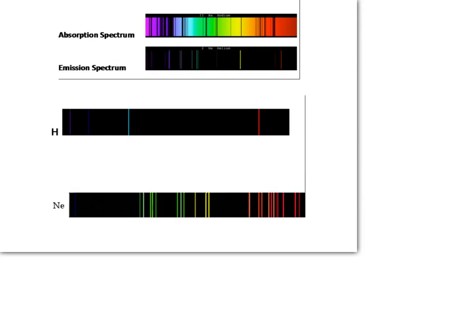Now if you look at that light with your diffraction grating, you should actually be able to see the light split into different colors. You should be able to see a red, you should be able to see like a tealish color, you should be able to see a blue and a violet.